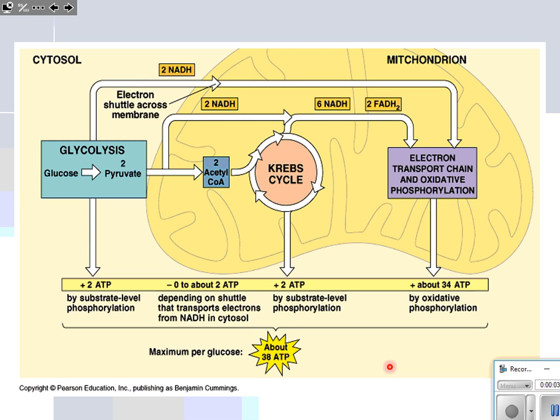In our previous lesson, we learned about the four-step process of aerobic cellular respiration.